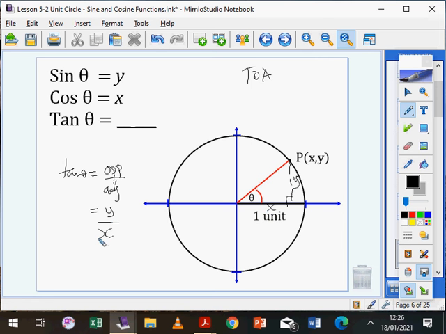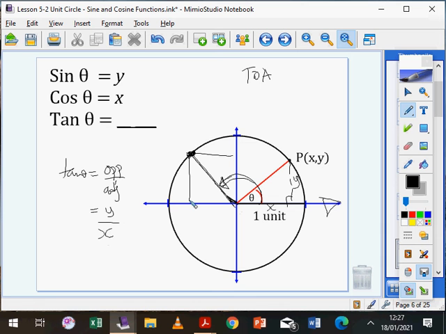And this is true on a unit circle. Any point along the circle, the angle that that point makes with the center of that circle counterclockwise from the positive x-axis, the tangent of that angle will always be equal to y divided by x. The y coordinate of that point divided by the x coordinate of that point.